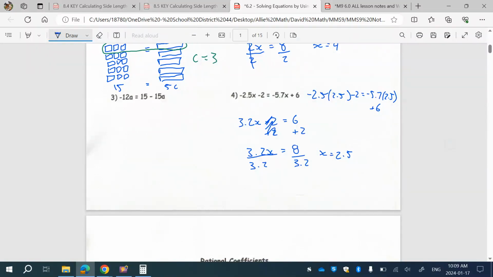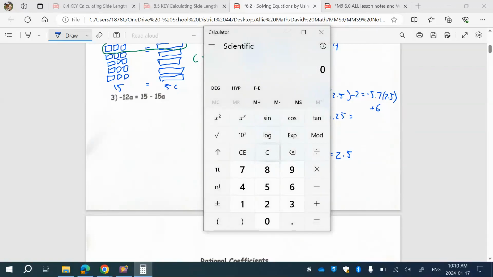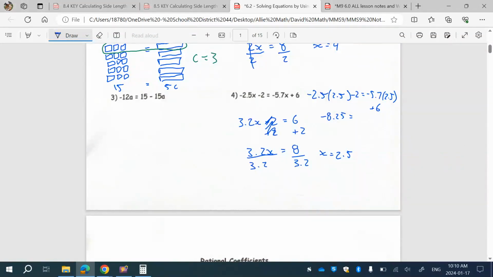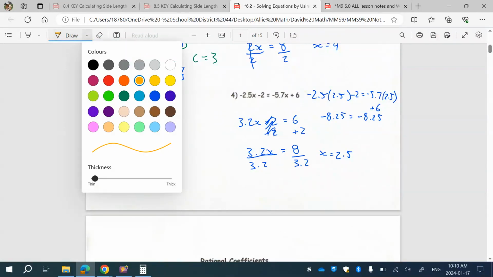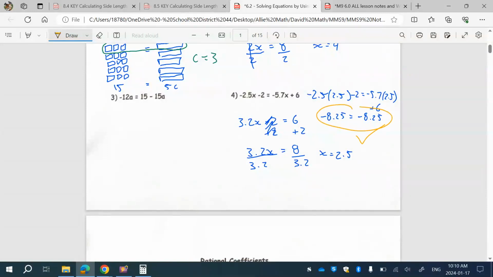So negative 8.25 on this side, negative 8.25. Does that equal negative 5.7 times 2.5 plus 6? There you go, it does equal negative 8.25. So we did confirm that those are equal, and that's a correct answer.